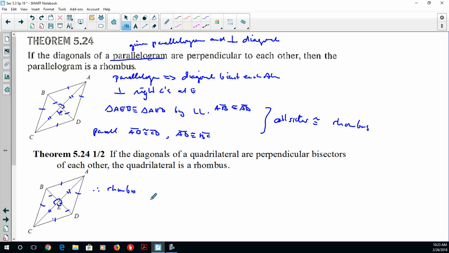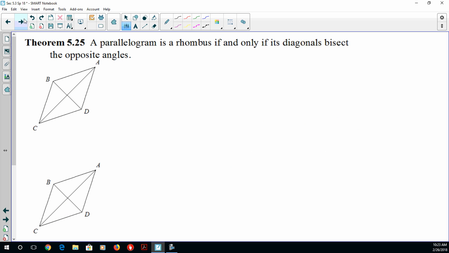Okay, now we've got an if and only if theorem here. A parallelogram is a rhombus if and only if its diagonals bisect the opposite angles. Okay, so I'm going to do this in two parts. One of the parts is actually this is the if part.